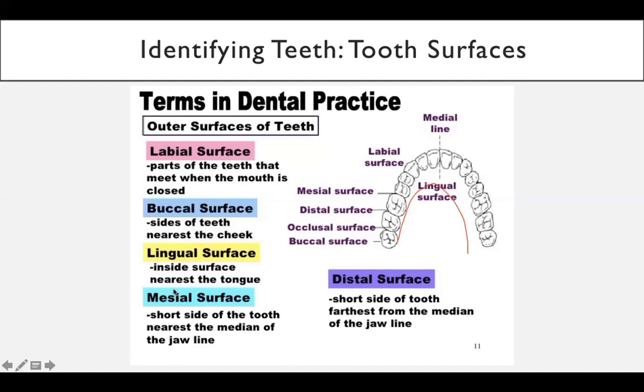Okay, and mesial surface, you know, you are median. Towards the median, the tooth surface which is towards the midline, and away from the midline will be distal. So if we talk about these teeth, let's talk about this one. This is incisor, because these two and these two are incisors. Then this is what? Canine.